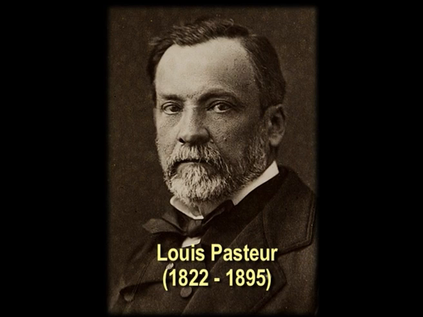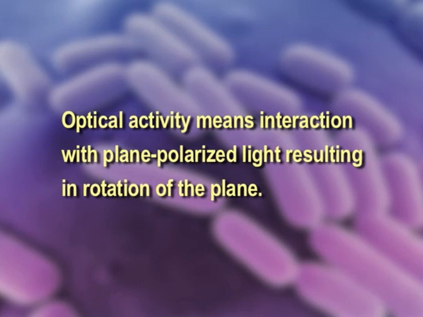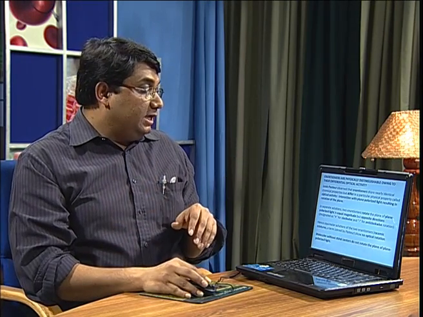Now, Louis Pasteur observed that enantiomers share nearly identical chemical properties, but differ in a particular physical property called optical activity. Optical activity means interaction with plane-polarized light, resulting in rotation of the plane. So, in separate solutions, two enantiomers rotate the plane-polarized light in equal magnitude but opposite directions.